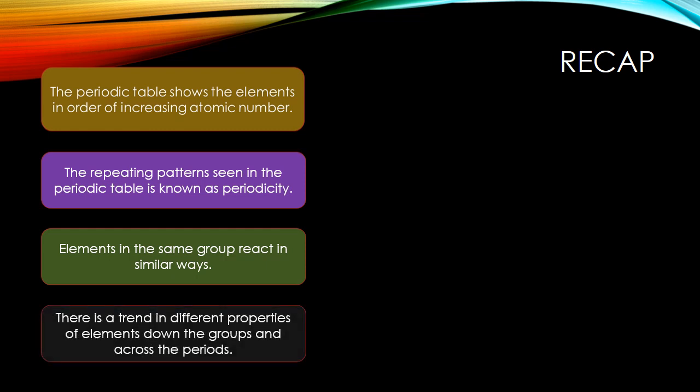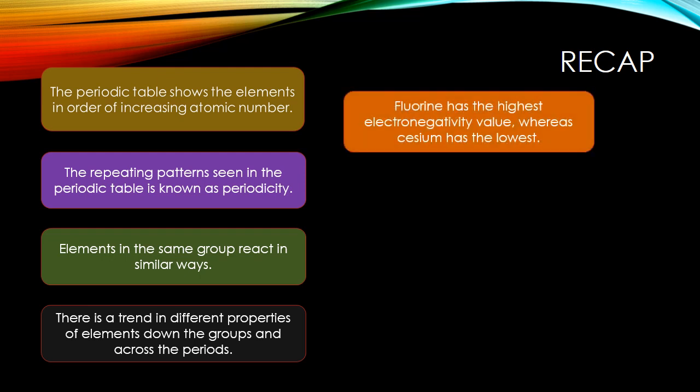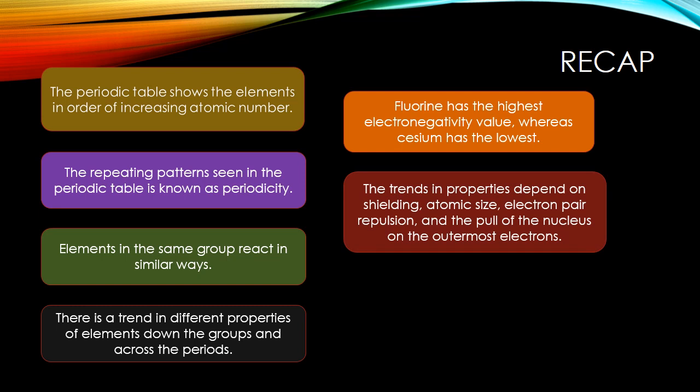There's a trend in different properties of elements down the groups and across the periods. Fluorine has the highest electronegativity value, whereas cesium has the lowest. The trends in properties depend on shielding, atomic size, electron pair repulsion, and the pull of the nucleus on the outermost electrons.